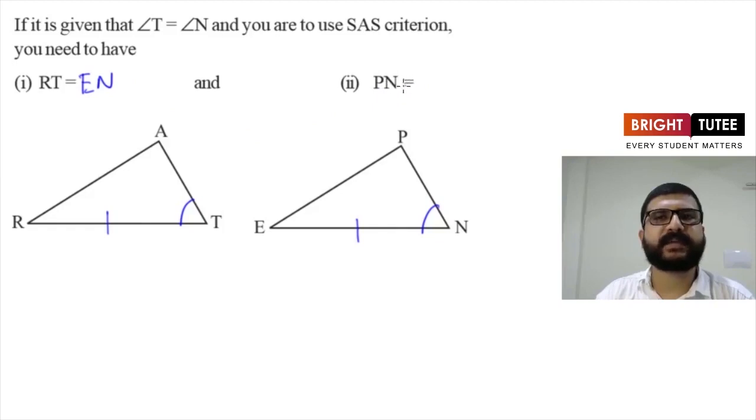We need PN should be equal to, this PN should be equal to AT. Now only we can use SAS criteria, because now two sides and the included angle are correspondingly equal to two sides and included angle of another triangle. So it means these two triangles are congruent by SAS criteria.